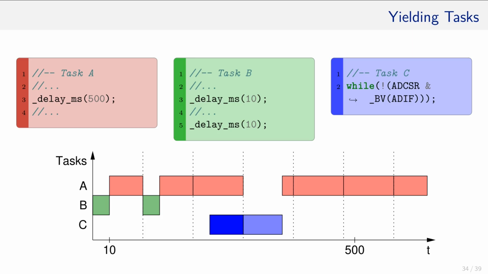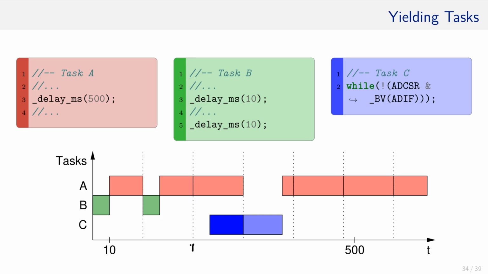After some time, the scheduler kicks in and checks again the queue of the ready tasks. Now, task B would like to execute the second delay of 10 milliseconds, while task A has remaining delay time left. Therefore, B is scheduled first, since A just had access.